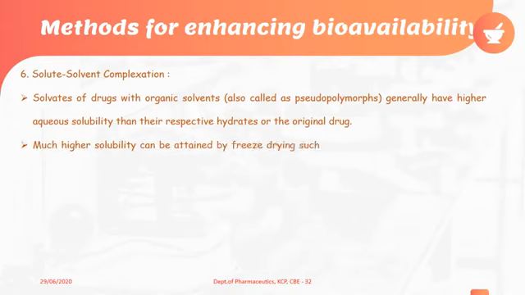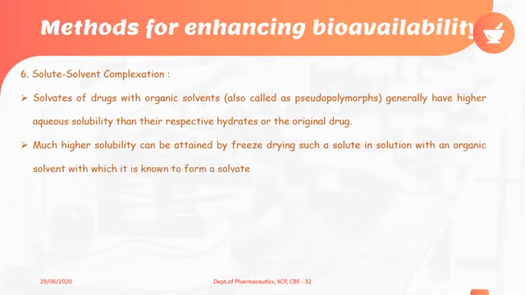Much higher solubility can be attained by freeze drying, where the solute in solution with an organic solvent forms a solvate. Without damaging the drug, we convert the liquid into powder, the solute into a solvate form.